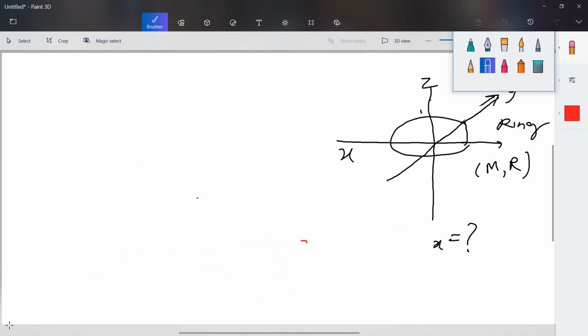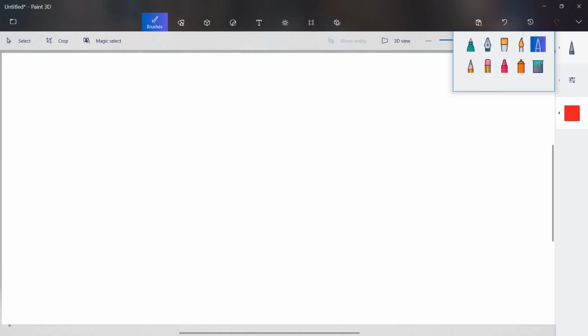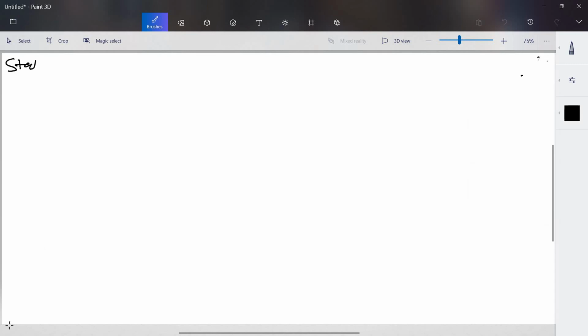Let me erase it firstly. Okay, let's move on to the statement of this perpendicular axis theorem. For examination, this statement you can write down.